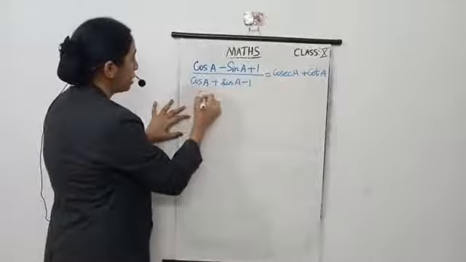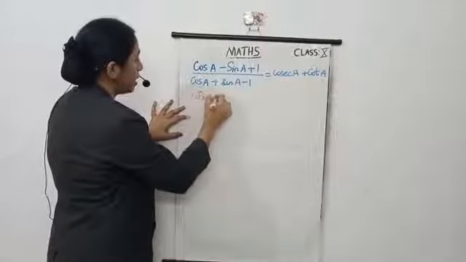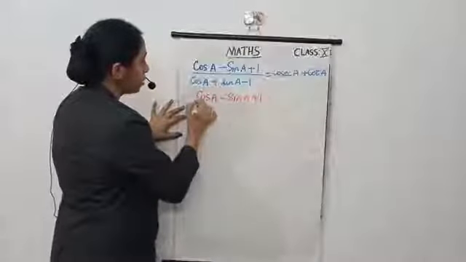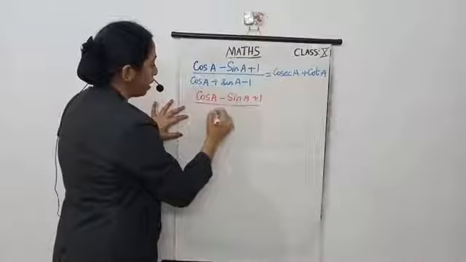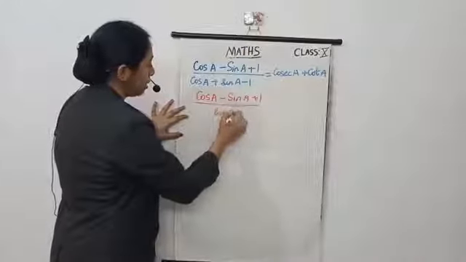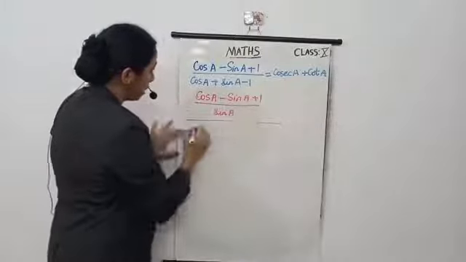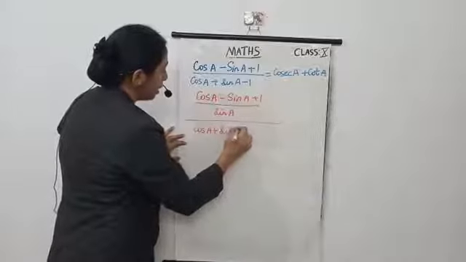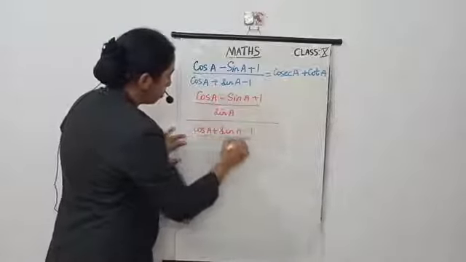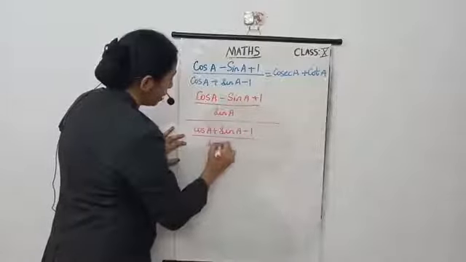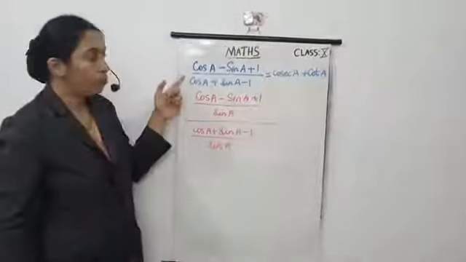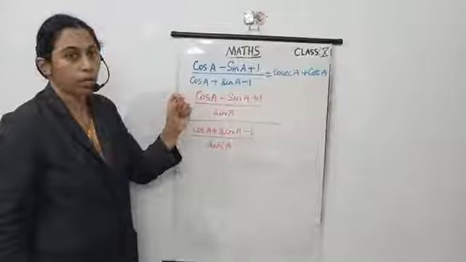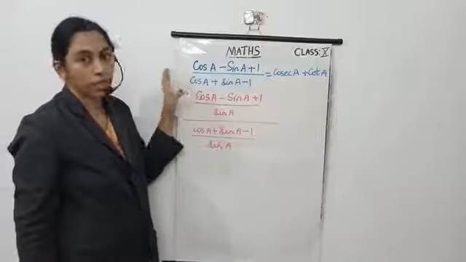So remember both the numerator and denominator divide by sin A. So I write here (cos A minus sin A plus 1) all divided by sin A, then all divided by (cos A plus sin A minus 1) all divided by sin A. If we divide both the numerator and denominator with the same number, there is no change in the answer.